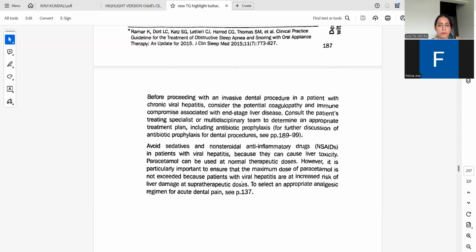So these patients, because of the liver disturbance, cannot take much of the heavy-duty medicines. All the medicines get metabolized with the help of the liver. So that's why paracetamol, though it can be given at normal therapeutic doses, we have to make sure we do not exceed its maximum dose, which is 4 grams per day for a normal 60 kg patient. And select an appropriate analgesic, like we read in the analgesic dosing.